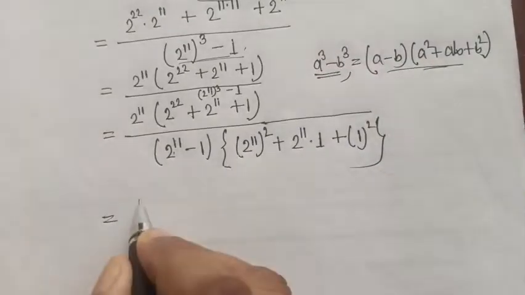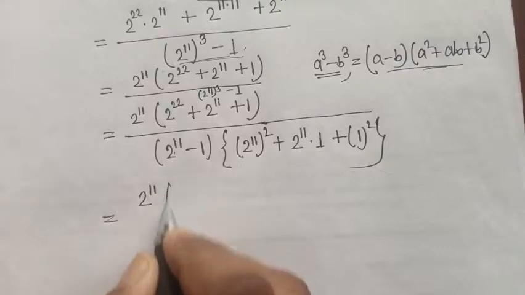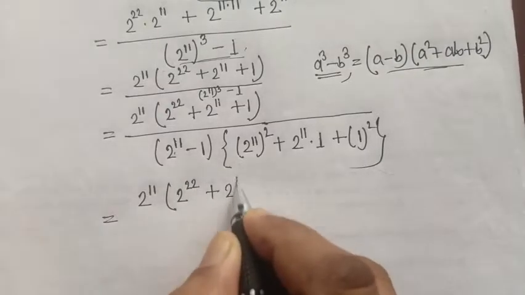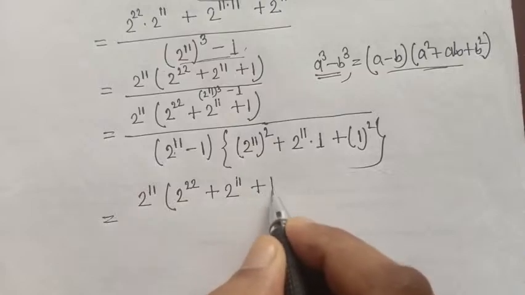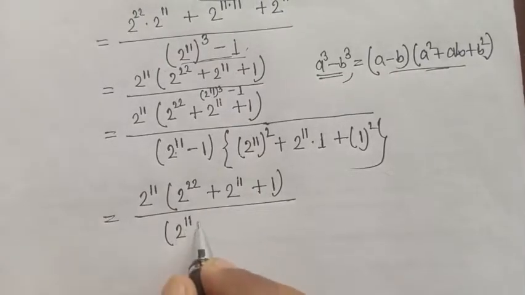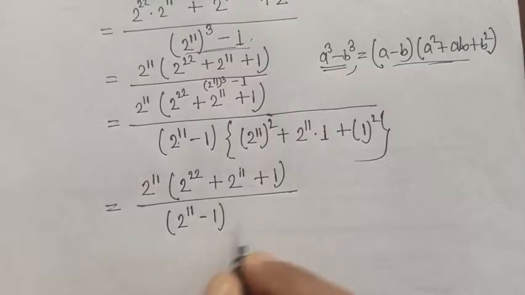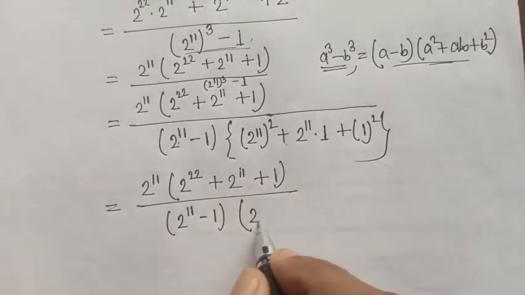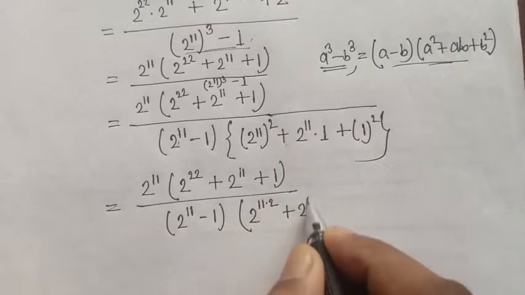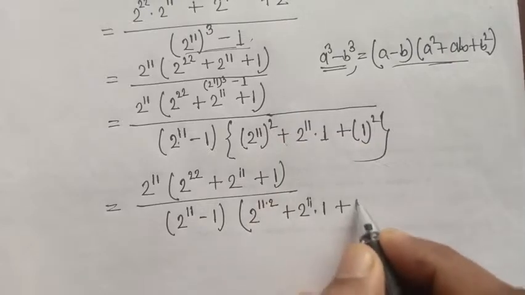So we can write the expression 2 to the power 11, 2 to the power 22 plus 2 to the power 11 plus 1 by 2 to the power 11 minus 1, and that will be 2 to the power 11 into 2 plus 2 to the power 11 into 1 plus 1.